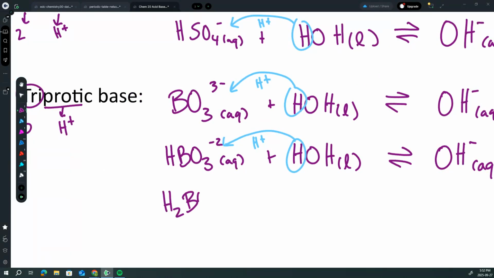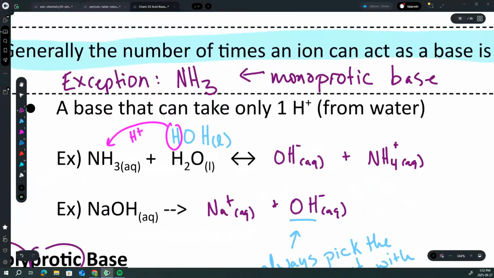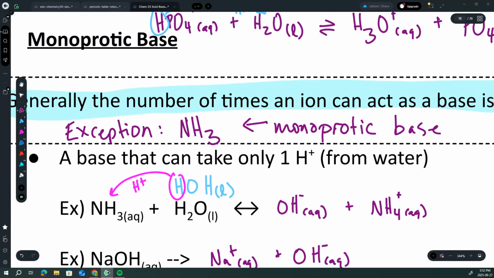And we're going to take this and react it once again. The reason how I know to keep on reacting it is because for bases, you typically go until you have a neutral charge. The only exception to that would be ammonia. You go until you have a 1 plus charge.